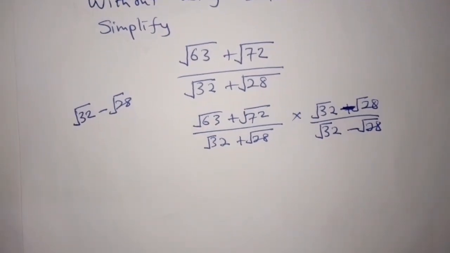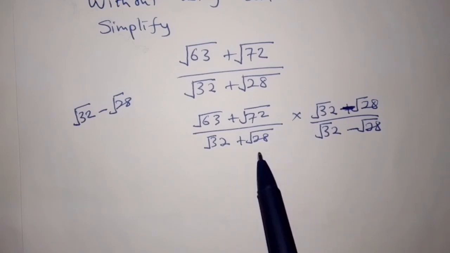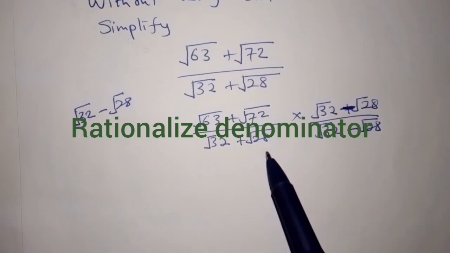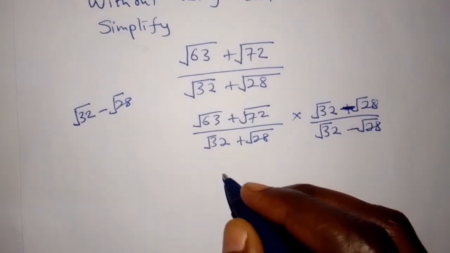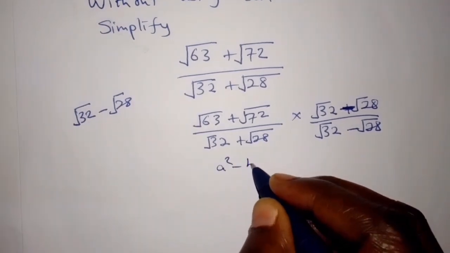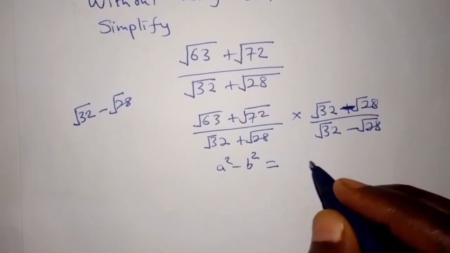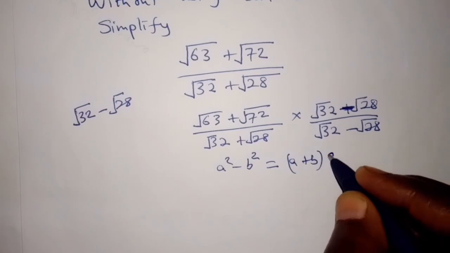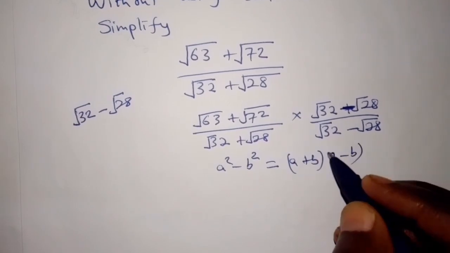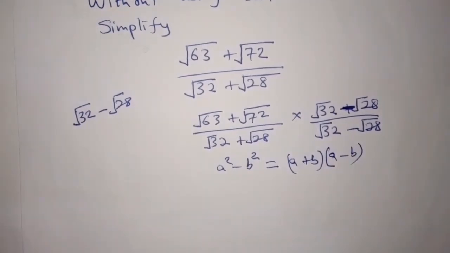So from here we are going to use the difference of square formula in solving this problem. We want to rationalize the denominator by using the difference of square method. That is a squared minus b squared is equal to a plus b into a minus b. That is the difference of square.